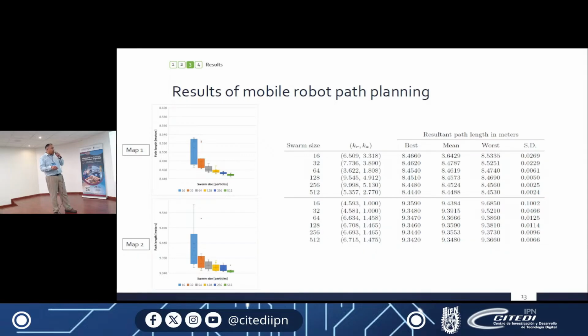The results are in meters, so the improvement is very small, in centimeters, but we can see in the standard deviation that the algorithm is very stable when the swarm size is bigger. The same with different environments. So we have an improvement in every size of swarm evaluated.